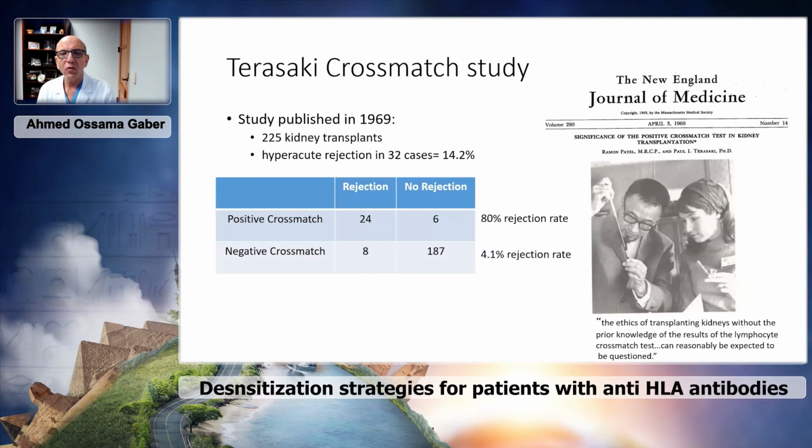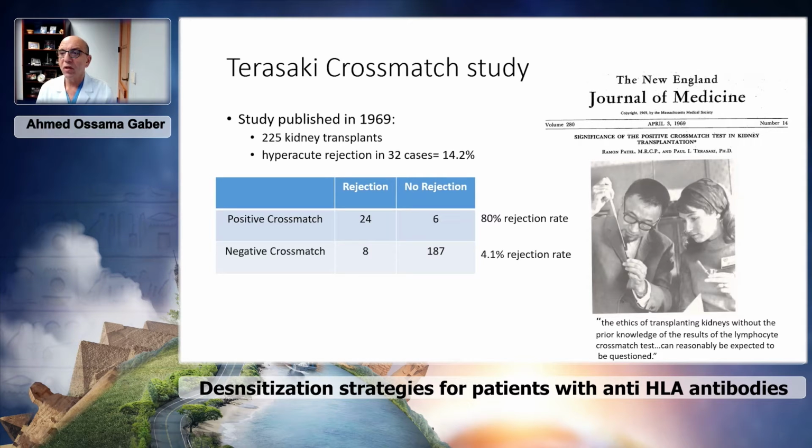He looked at 225 kidney transplants and found that the rate of hyperacute rejection was about 15%, and that the cross-match test that he devised was able to detect those with pretty good sensitivity and specificity. And he said that transplanting kidneys without knowing the results of the lymphocyte cross-match is ethically questionable.